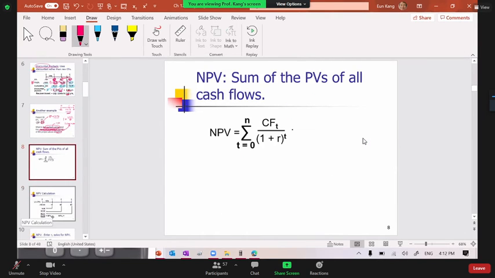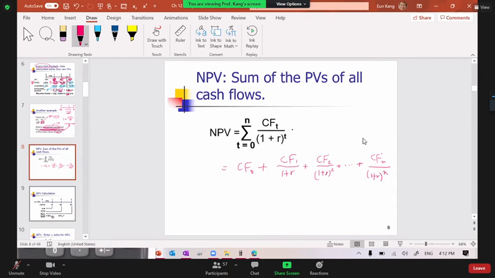Then the next topic, the famous net present value. If you expand this formula, then what? T equals 0 is CF0 over 1 plus R to the 0 power, which is 1, so CF0, plus, if T equals 1, CF1 over 1 plus R, plus CF2 over 1 plus R squared, plus all the way up to CFN over 1 plus R to the nth power, like this, right?